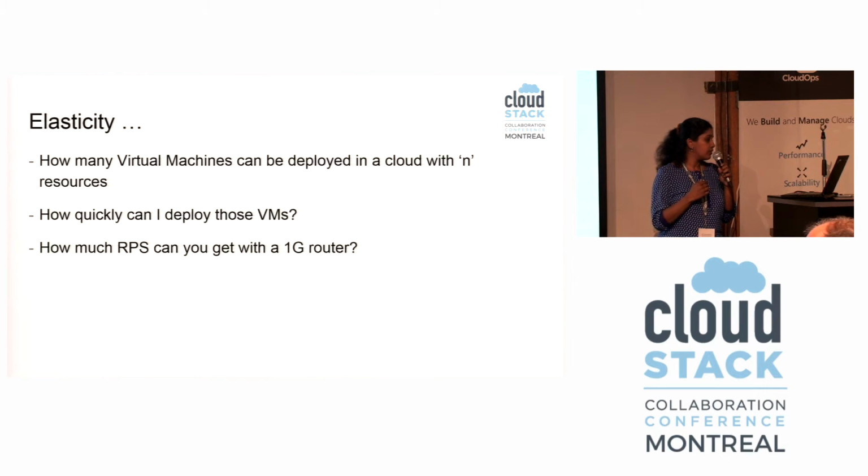I don't have exactly that particular use case, but we will definitely see how much you can scale up with a 1 gig router, 64-bit. I think we'll look at some of the configurations of the virtual router and how much RPS we can get given this kind of configuration.